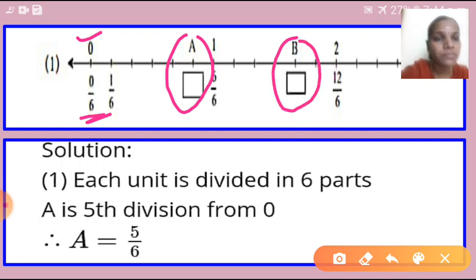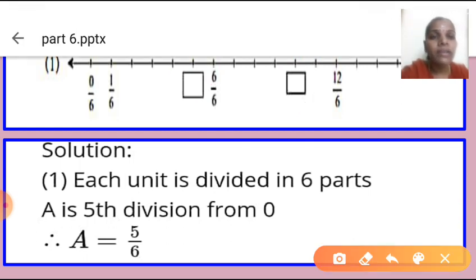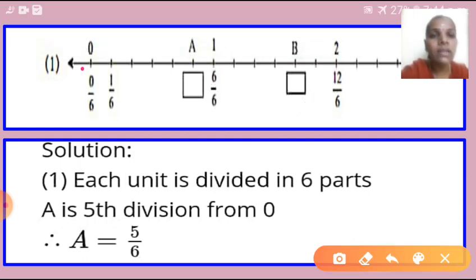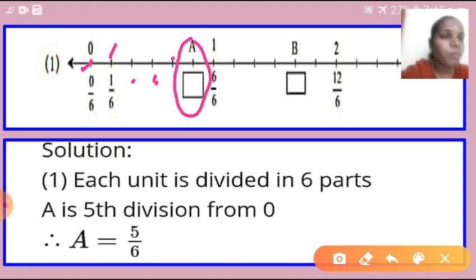We have to find. Here first one is what? Yes, this one is 0 upon 6, and this one is 1 upon 6. This one is 2 upon 6. Here 3 upon 6, 4 upon 6. So for A, what will come here? Yes, 5 upon 6. Is it easy?